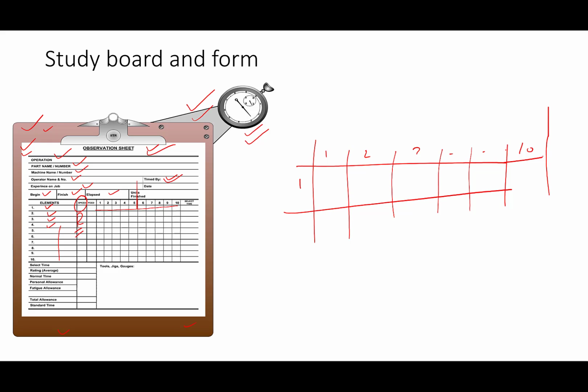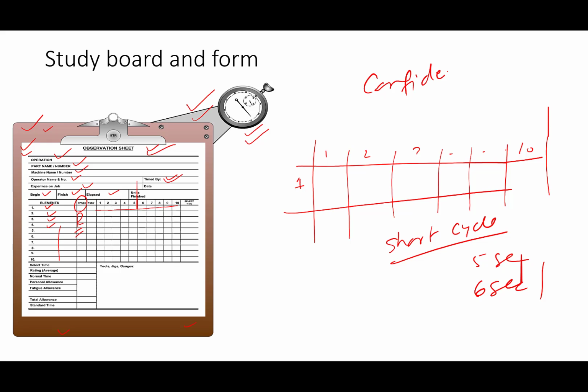This kind of observation or time study is done when the job has a very short cycle, say just 5 or 6 seconds cycle time for that particular element. As per the desired confidence level and accuracy, the number of observations to be carried out is identified, and each element is timed that many times.